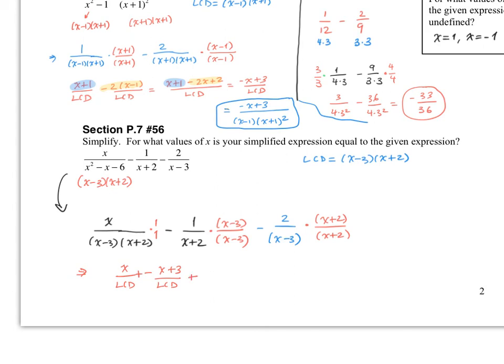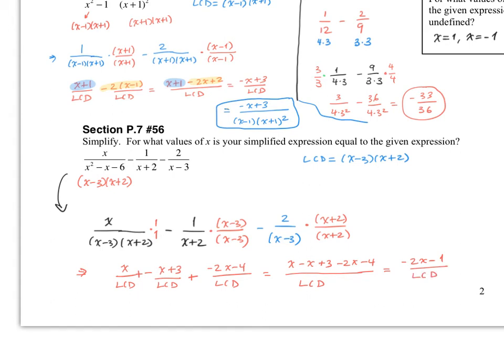And then plus minus 2x minus 4 over the LCD. Or to make it easier to see, you have the LCD, and this will be x minus x plus 3 minus 2x minus 4, which will give you just minus 2x minus 1 over the LCD.